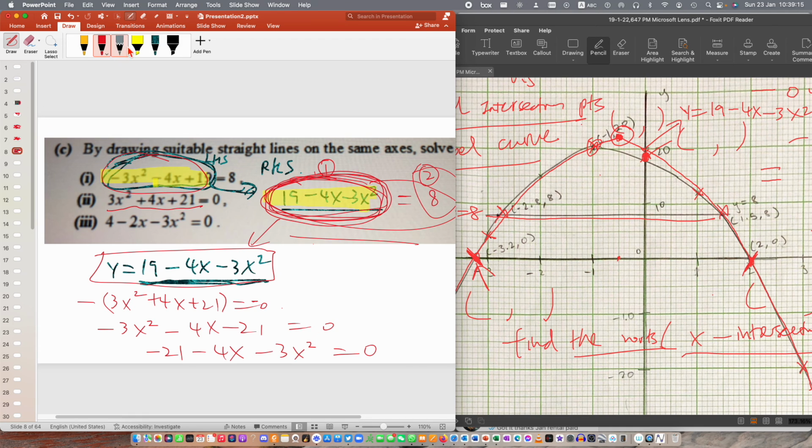Rearrange, meaning rearrange the left hand side into a format that is similar to my curve. Can you see that? It's quite similar, except the minus 21. So you force this minus 21 into 19. How do you get minus 21? Minus 21, minus 40. Yes. Okay. So you replace your minus 21 into this.